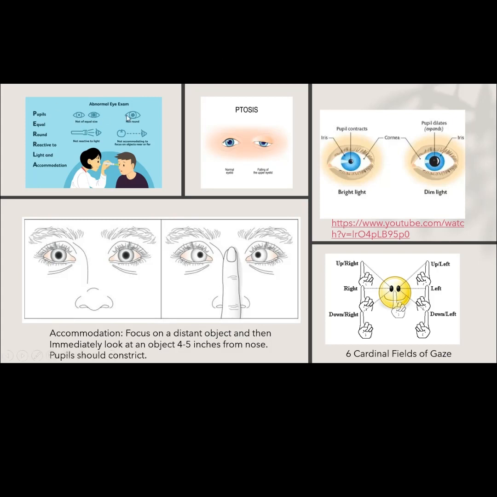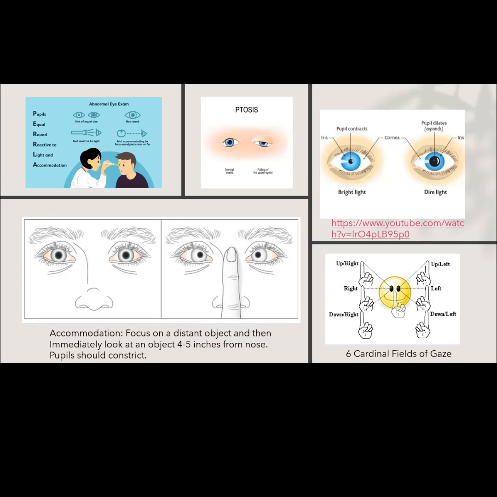This blue picture here is looking at PERRLA. When you are doing PERRLA, you are looking to see that the pupils are equal, so that both sides of the pupils are equal, and that they are round. You can see some examples of pupils that are not round and some that are not equal. You're also checking if they are reactive to light.